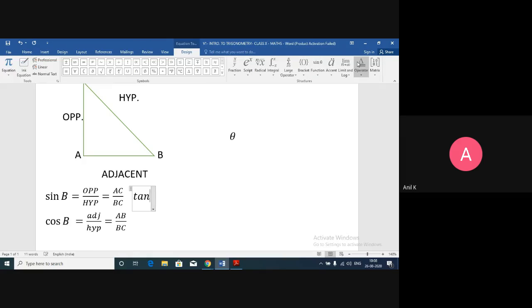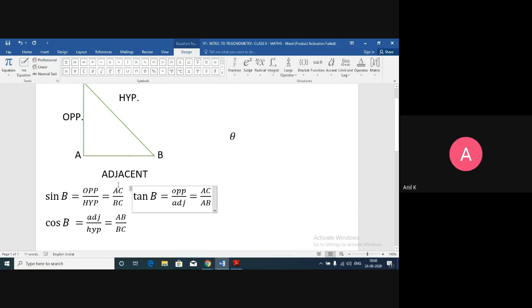So it will be tan B. The definition of tan B will be opposite side upon adjacent. Opposite upon adjacent, or you can call it AC, that is the opposite side, upon adjacent, which is AB. AC upon AB.